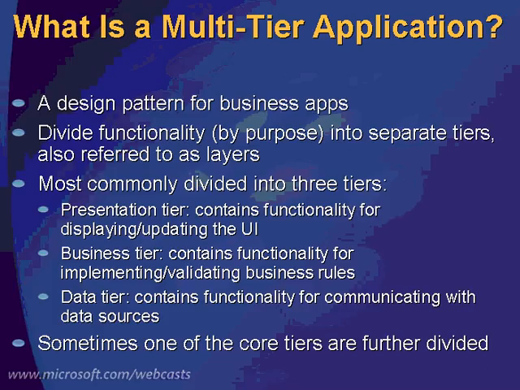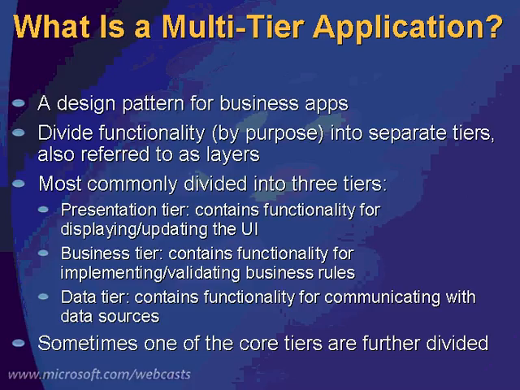All right, so first of all, let's define what a multi-tier application is. Really and truly, a multi-tier application is just a design pattern for business applications whereby you divide the functionality by purpose into separate tiers. It's important to point out that this is also referred to as layers.